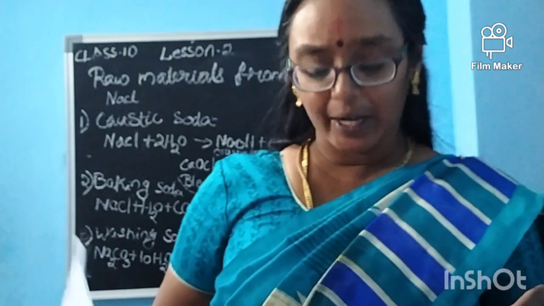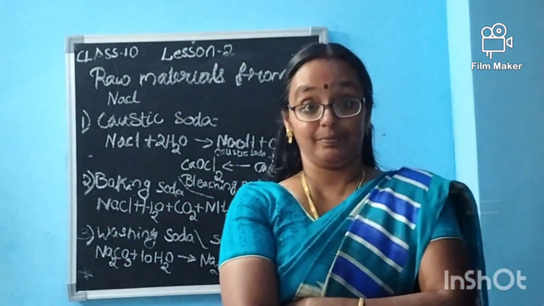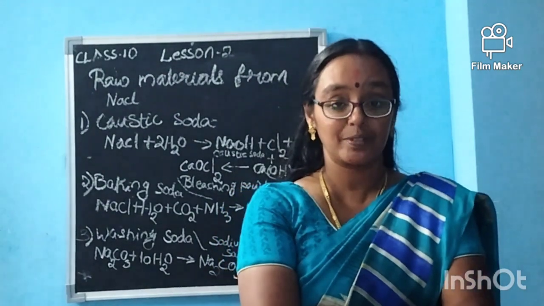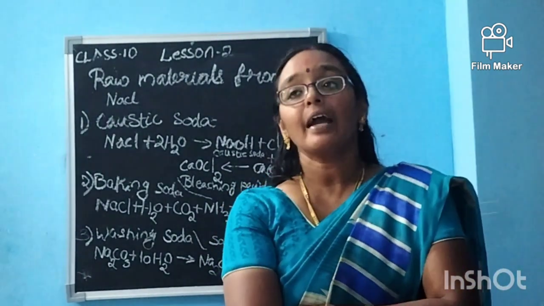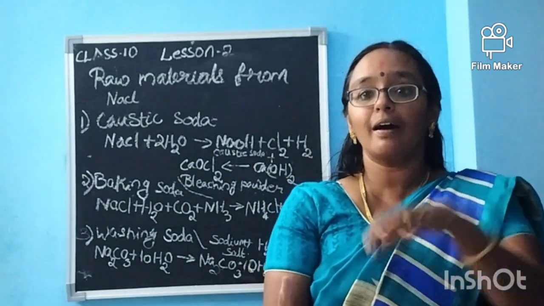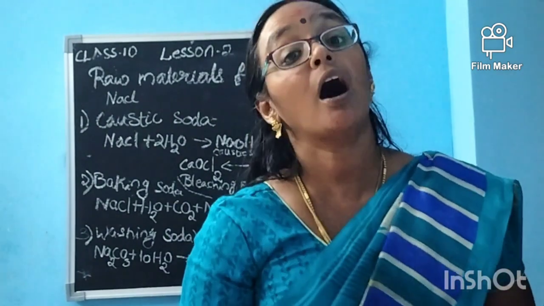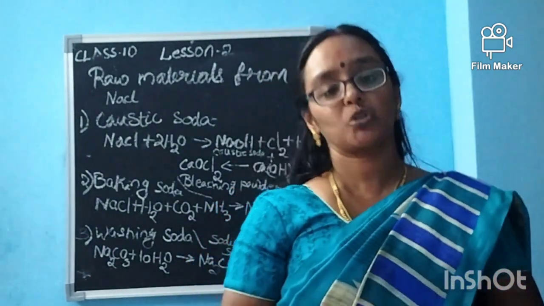Okay, dears. Now we are moving to plaster of Paris and gypsum. What is plaster of Paris and gypsum? Calcium sulfate 2H2O is the gypsum, and when we are removing water from it, it will be CaSO4·½H2O. That is plaster of Paris.